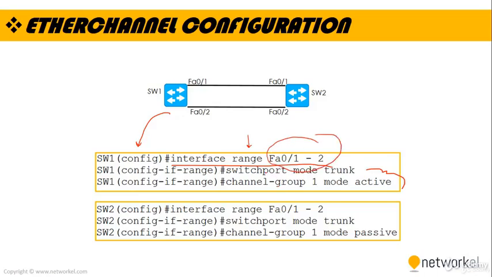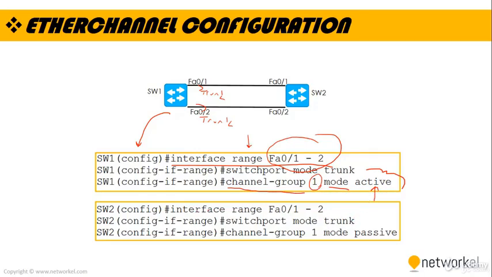I'm configuring the switchport mode as trunk. Then I'm choosing the channel mode. For example, channel group number and mode will be active for this switch.